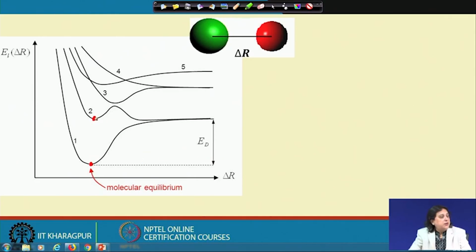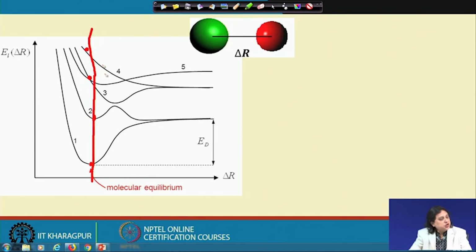This is the first excited electronic energy state, this is the energy value for the second excited electronic state, and so on and so forth. So, when I fix geometry, these are the energy values that I get.